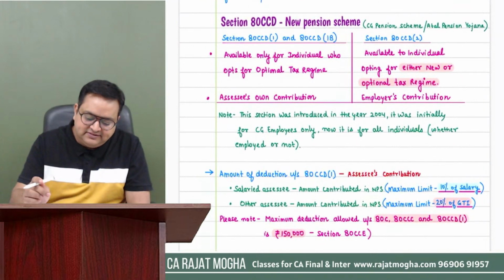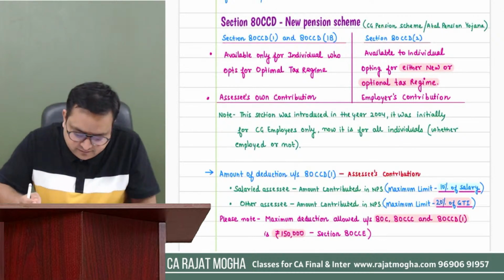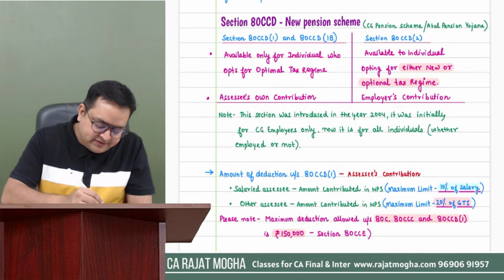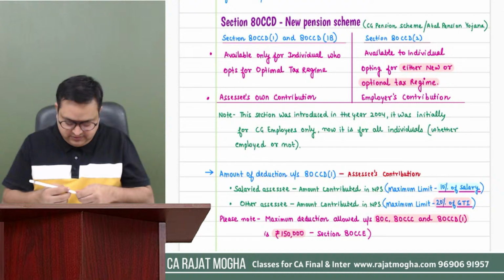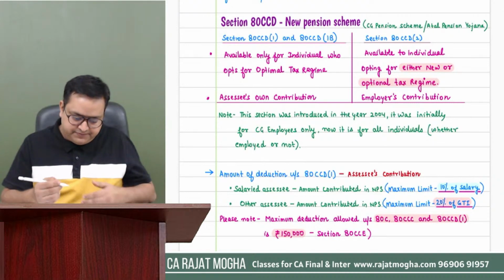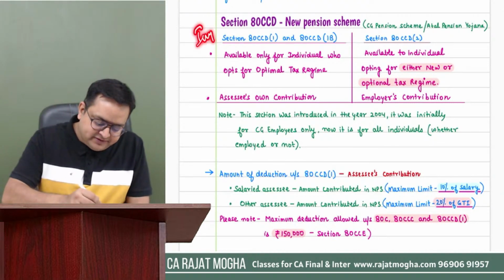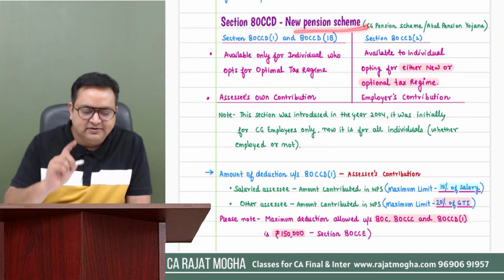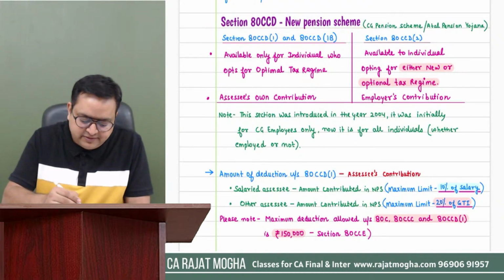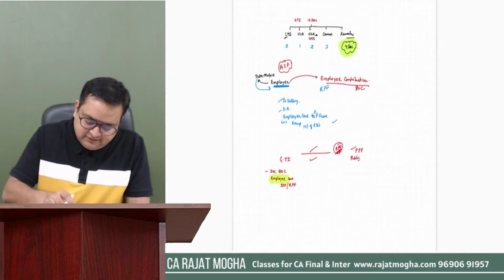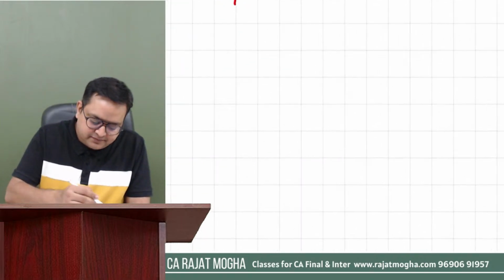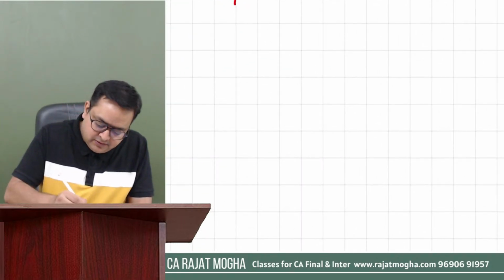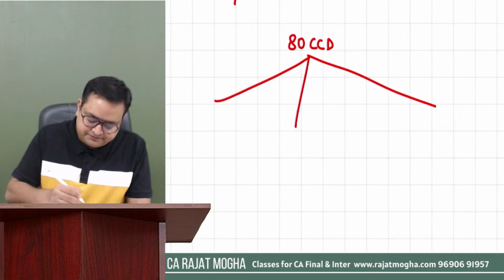Let's come to 80CCD, new pension scheme. This is an important section, guys. 80CCD. This is the new pension scheme. It was introduced in 2004. You don't have to remember this number. See, as I have already mentioned, 80CCD has three parts.